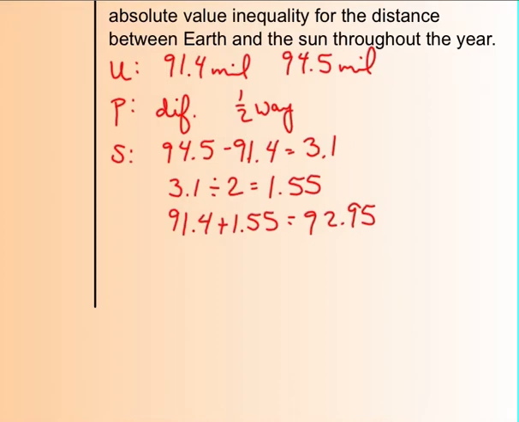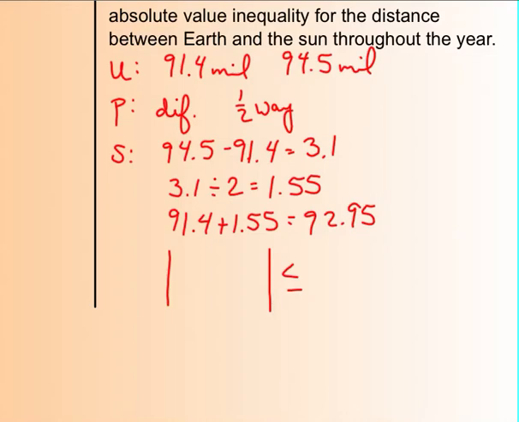All right, so we need to throw this in some sort of absolute value. And I'm thinking a less than or equal to because the Earth will be traveling between these two. So to me, I'm thinking a conjunction.